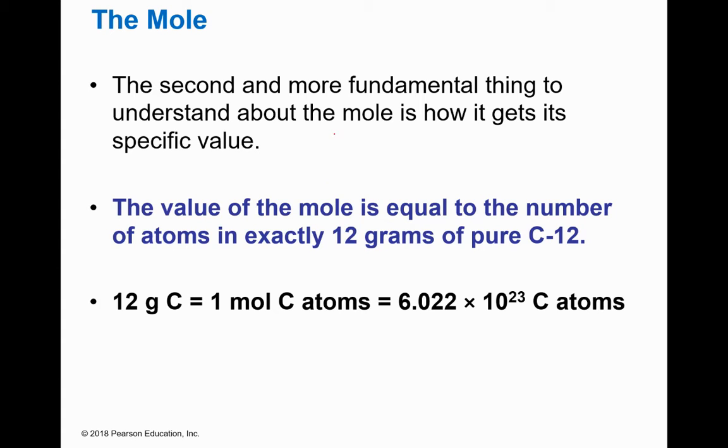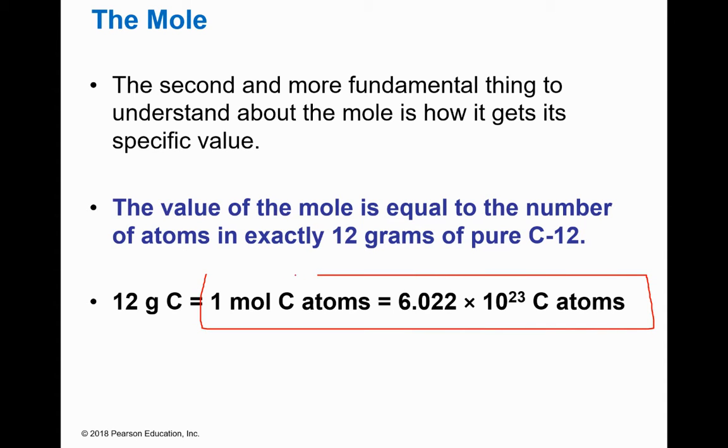So for a mole, we're going to start here. We're just going to look at this and using Avogadro's number. So if we have 1 mole of carbon, then we have 6.02 times 10 to the 23rd carbon atoms. If it's just elemental carbon by itself, we're simply talking about its atoms.